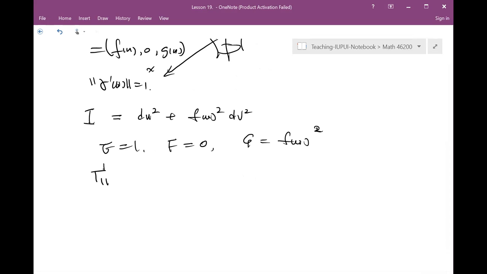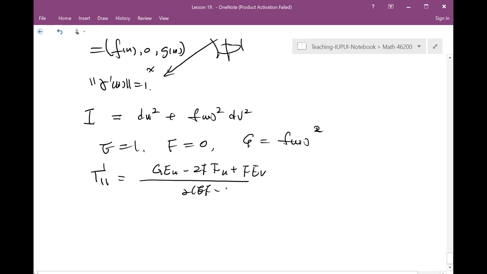So gamma 1 1 1 is going to be G E_u minus 2F F_u plus F E_v, over 2(EG minus F squared).